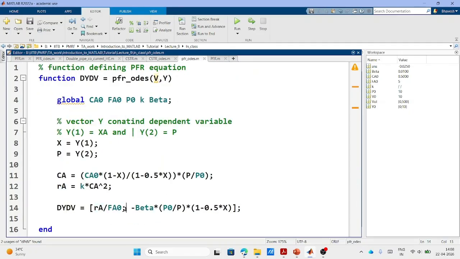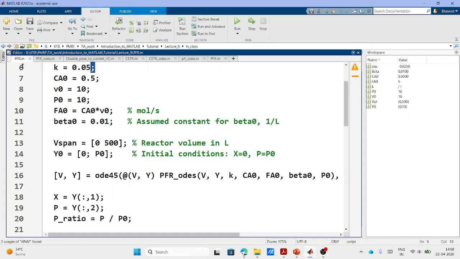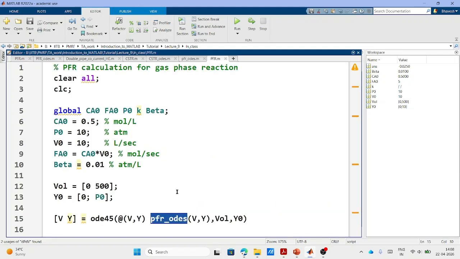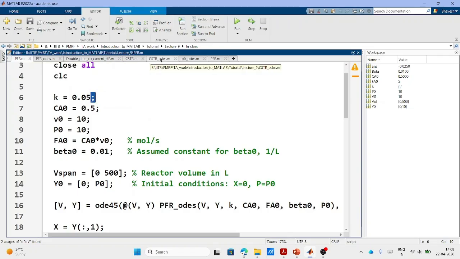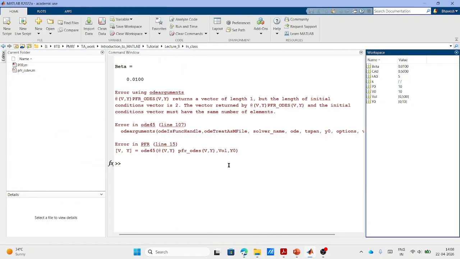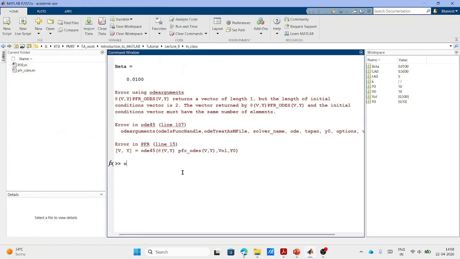I'm really confused here. It should work, I'm just not able to figure out what this syntax error is that we have. Everything is referred to in a correct manner. The ODE is not working.